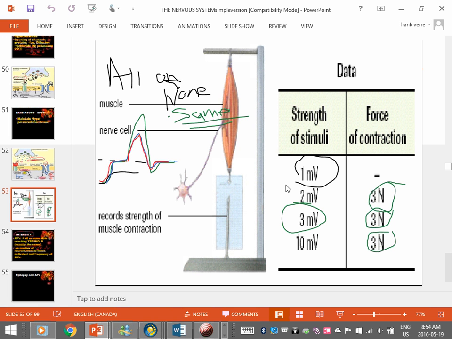At 1 millivolt, that's the stimulus. The stimulus could be anything. What do you think the stimulus would be for your cells that detect sound? It would be sound waves, right? It will be some disturbance in the air that those cells can detect, and we'll talk about that later on.